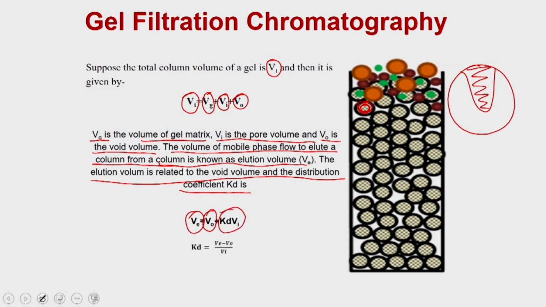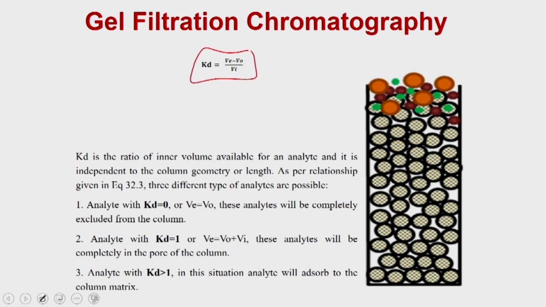Okay. So, if you rearrange, Kd is equivalent to (Ve minus Vo) by Vi. So, that is the formula for Kd. Kd is the ratio of inner volume available for an analyte, and it is independent of the column geometry or the length. As per the relationship, 3 different types of analytes are possible in a gel filtration column.